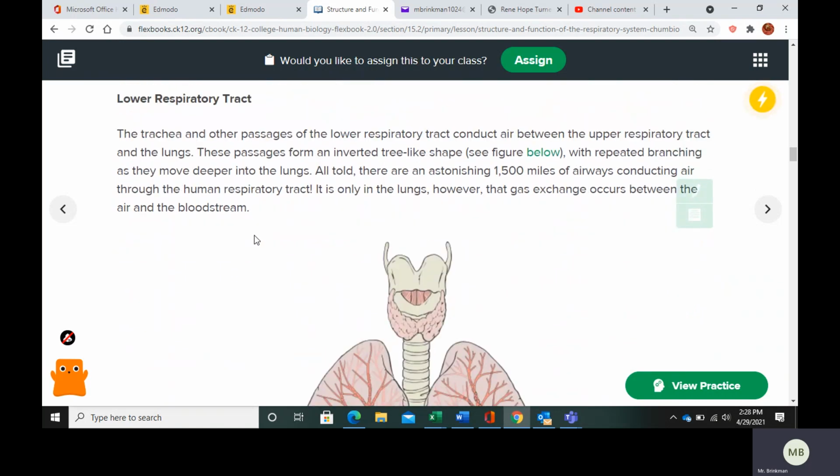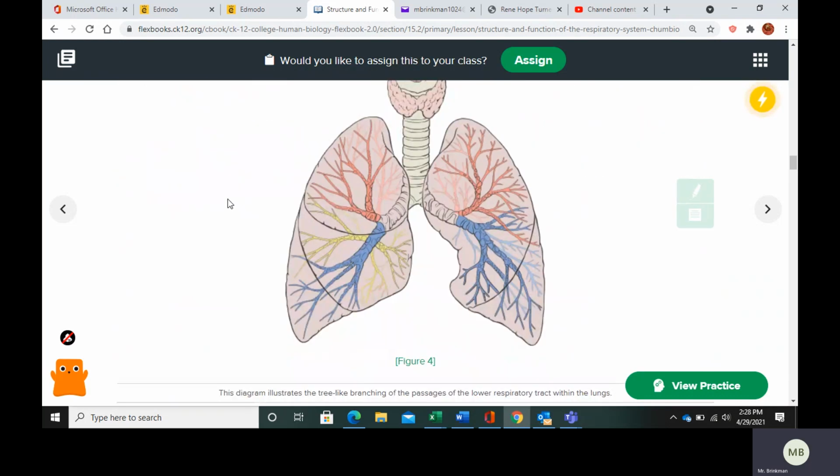So the lower respiratory tract: the trachea and other passages in the lower respiratory tract conduct air between the upper respiratory tract and the lungs. In the lungs, gas exchange occurs between the air and the bloodstream.